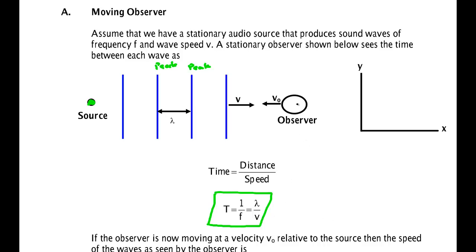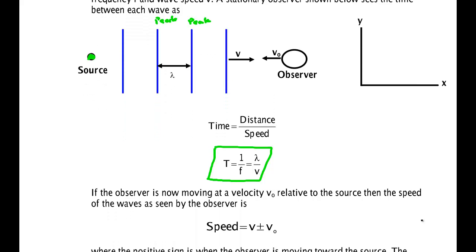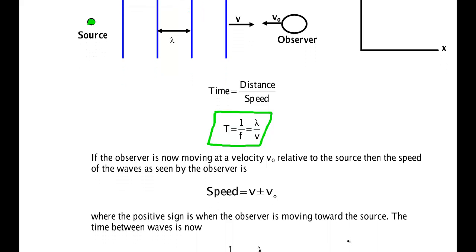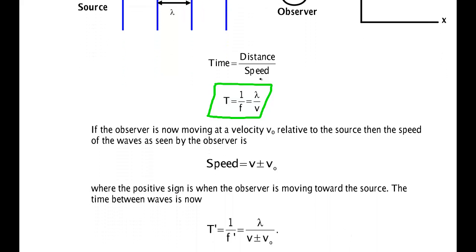But now, if the observer's moving toward these peaks, then he's going to start running into more peaks than you would expect if he was sitting still, because he's actually cutting down that distance. So what we're finding is that by moving, the observer is increasing or decreasing the speed. If he's moving toward the waves, then it's as if the waves are moving faster.